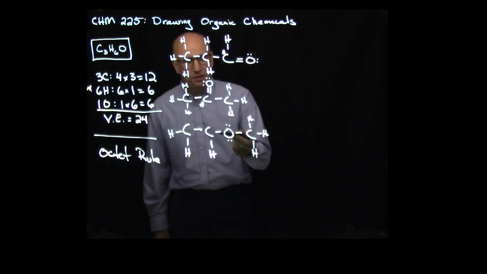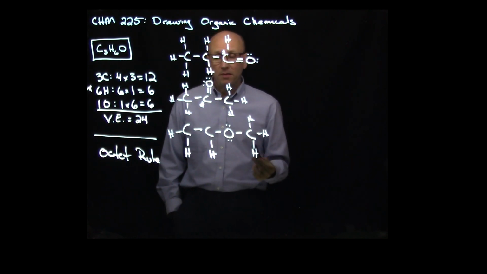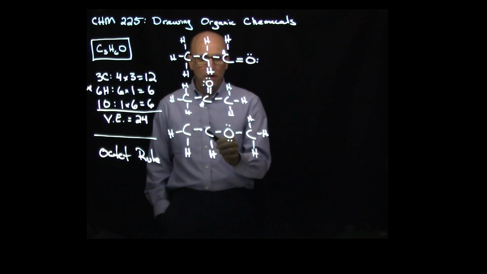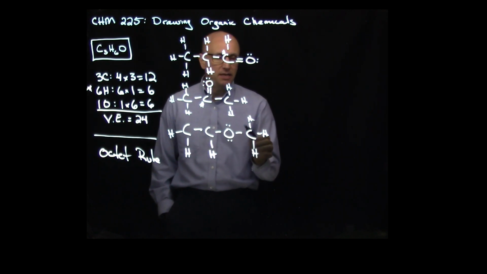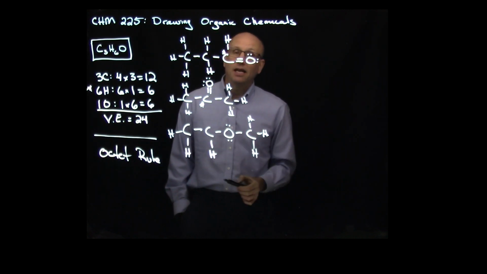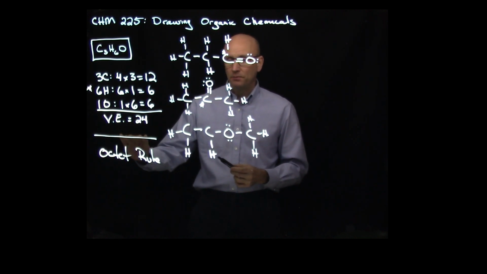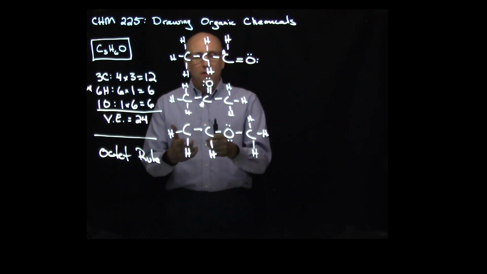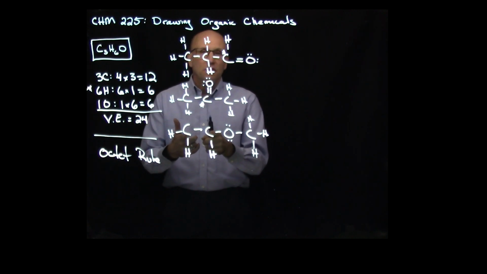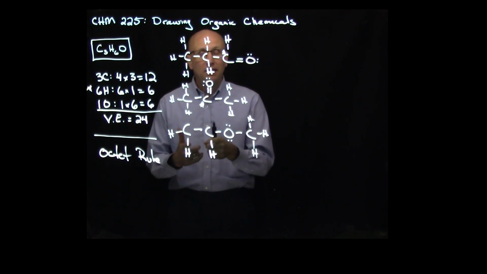The bottom structure, if I go through and I count all my pairs of electrons, 1, 2, 3, 4, 5, 6, 7, 8, 9, 10, 11, that's only 22 valence electrons. I still have 2 left over to add in. I still have 2 carbons that have incomplete octets.